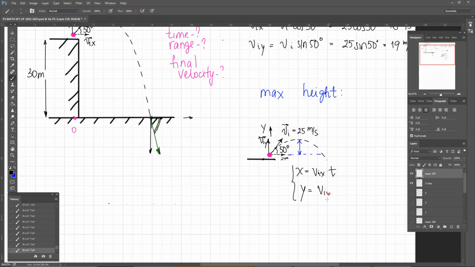V initial y multiplied by time, minus 9.8 t squared divided by 2. And I remember saying that at the point of landing, which currently I assume happens here, y is 0.